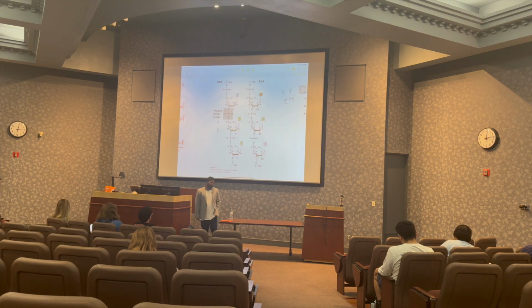What does 5 prime mean? Saying 5 dash or 3 dash is not very appropriate, but I'll go back to the carbohydrates lecture and start naming the numbers of carbon like this. Okay, so let's see how we name them.